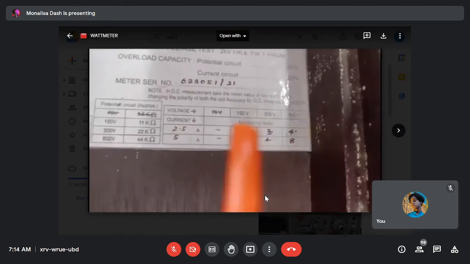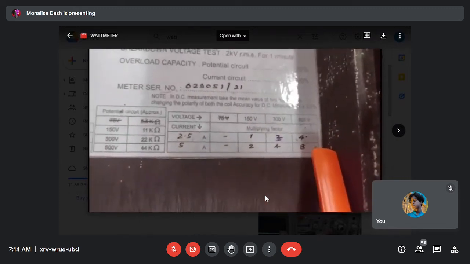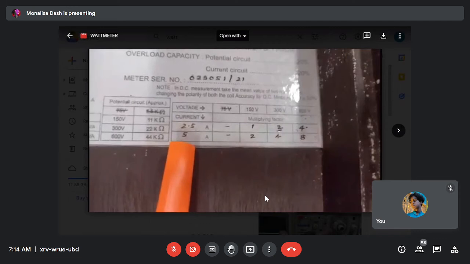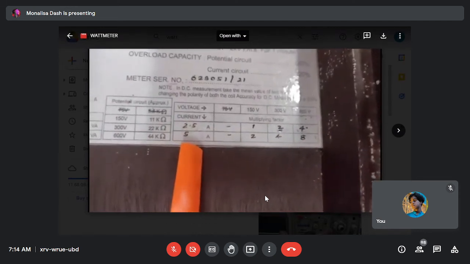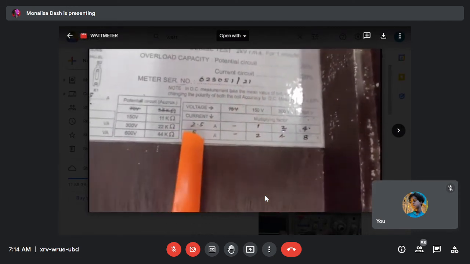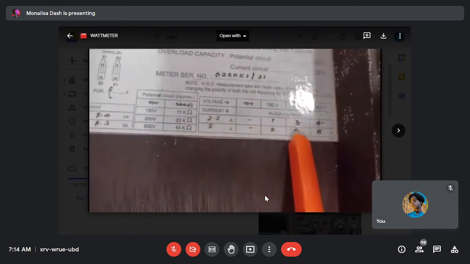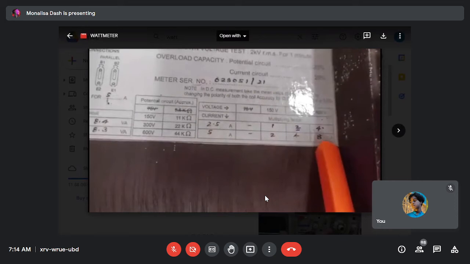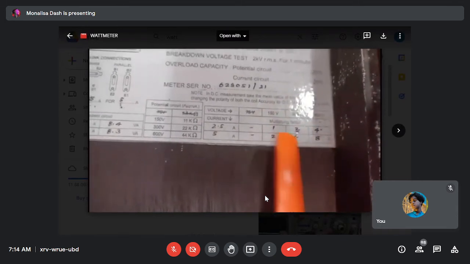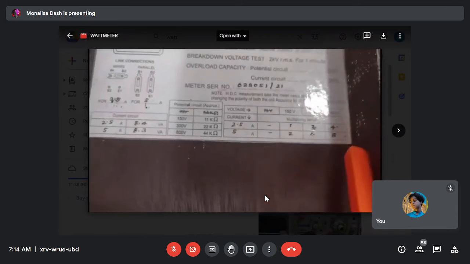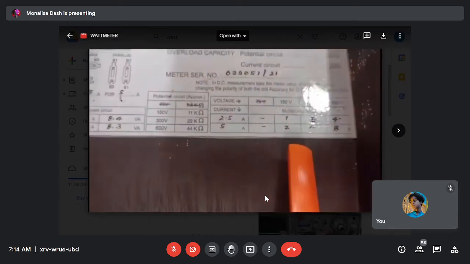Then 600 and 2.5 gives 4. If I increase the current to 5, then 150 and 5 ampere gives 2, 300 and 5 ampere gives 4, and 600 and 5 ampere gives 8. If we tally this table with our formula, we get these readings.